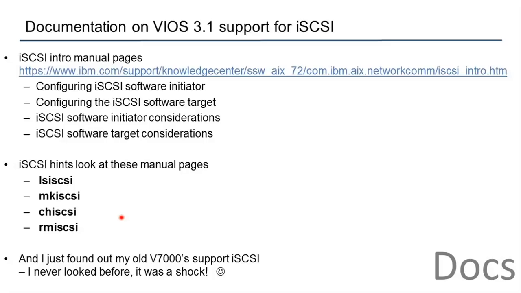And I know certain workloads like cloud, they like to avoid fiber channel disks because it seems expensive if you're trying to run cheap as chips virtual machines, and they do quite a lot of iSCSI. And I actually found I've got some old V7000s. They support iSCSI. I never even looked before because I've never wanted to use it, but it's out there, so maybe I'll have a go and write that up for you as well sometime.